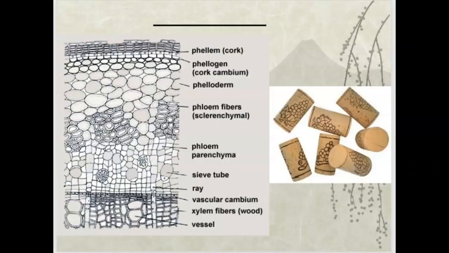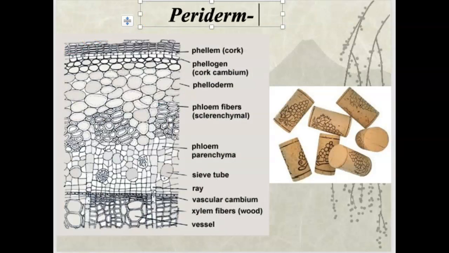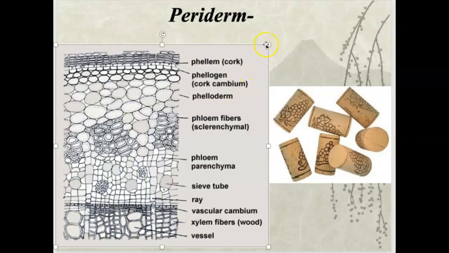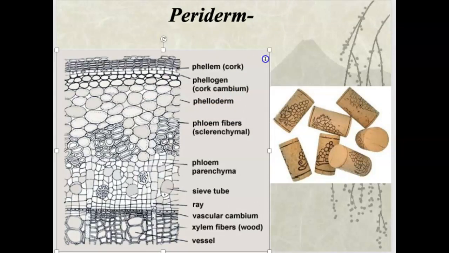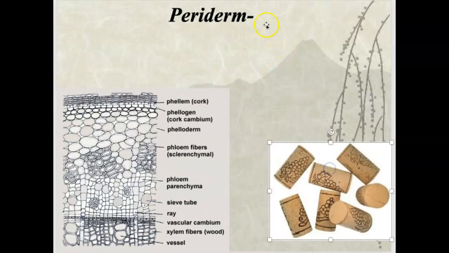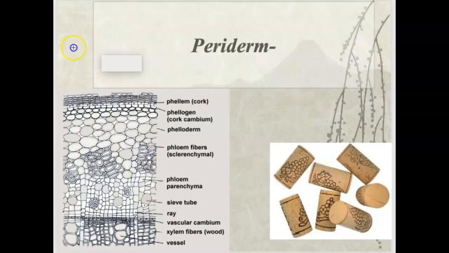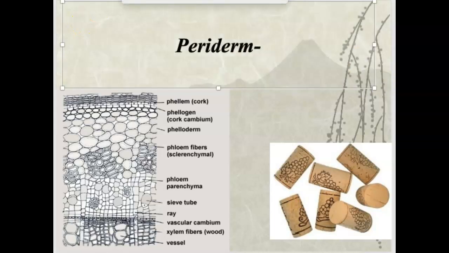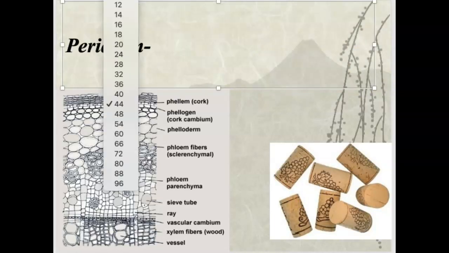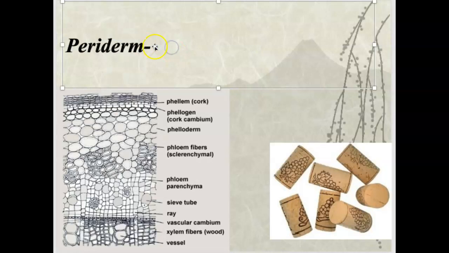Now, some plants, the woody plants, develop a thing called the periderm. So the periderm, a little bit different here. We're going to see a change in the game. The periderm, get that.